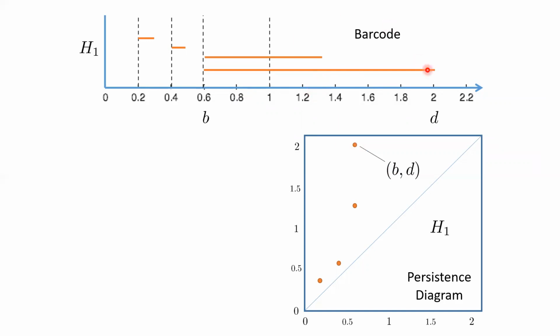One is the barcode, which I like to think of as this idea of consistent choices of bases, and the other is the persistence diagram, which is this scatter plot where each dot corresponds to a bar.